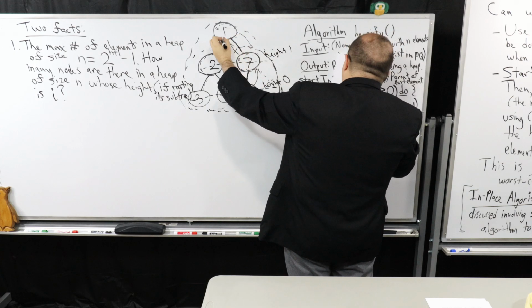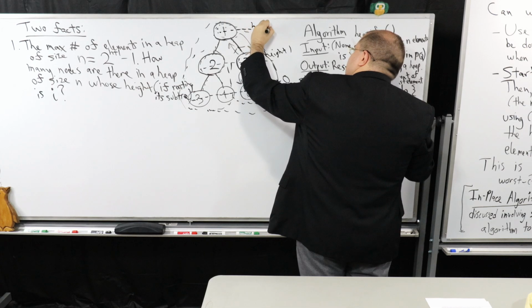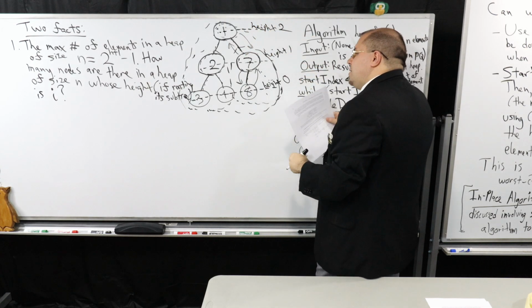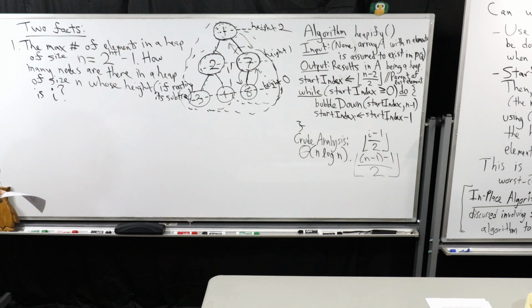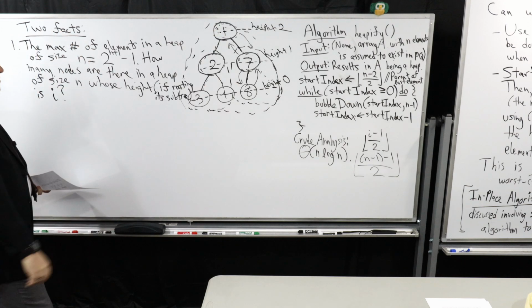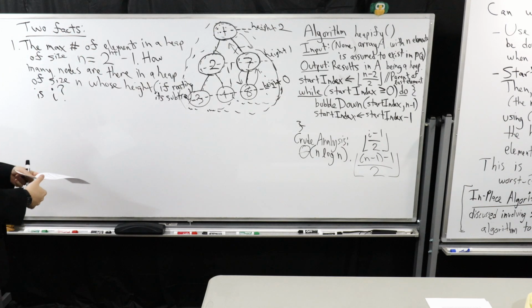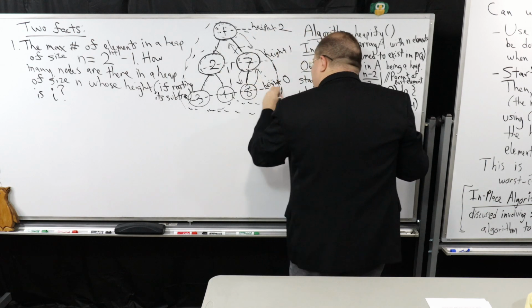And the one at the top, that one has height 2. So remember, I'm just looking at the node itself, and I'm imagining its subtree. In this case, I'm considering the entire tree. But notice that maximally, the number of elements that could exist, there could be another node sitting right here.